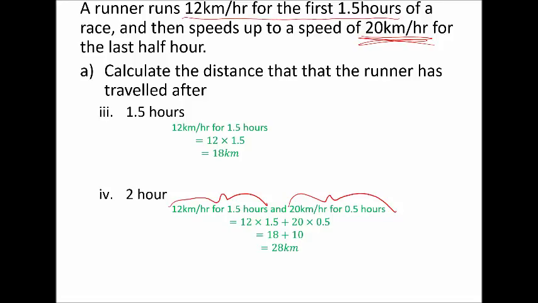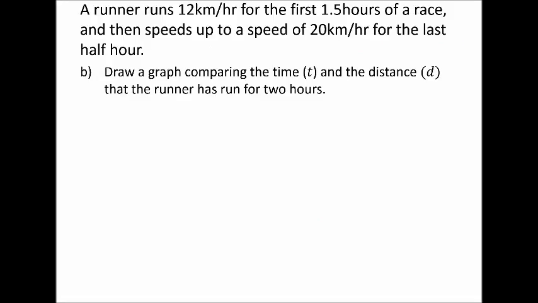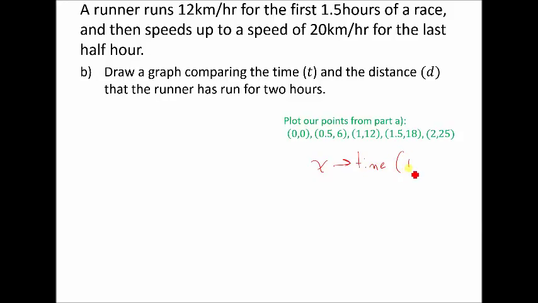Part B asks us to graph, comparing distance and time over those 2 hours. Well, what we're going to do is plot the points that we have, our points from part A. Each of the x values, that's our time, which is t, and each of the y values, that's the distance.